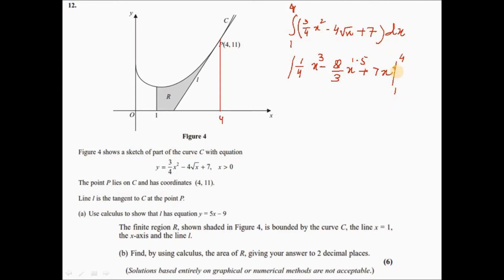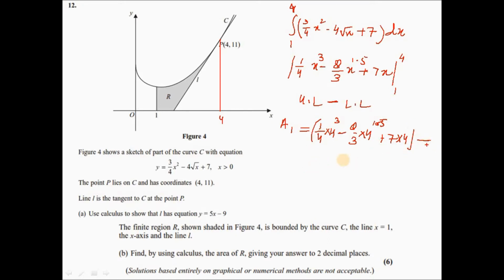The next step is applying the limits. First, we apply 4 in place of every x. This is called the upper limit. Applying the upper limit, and then minus, I'm going to apply the lower limit in every place of x. That means my area A1 would be equal to 1/4 times 4 cubed, minus 8/3 times 4 to the power 1.5, plus 7 times 4, this is the upper limit, minus the lower limit.